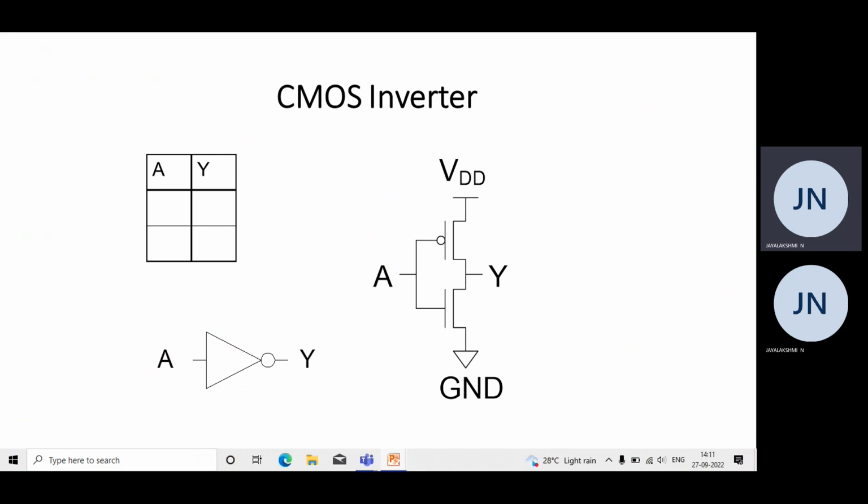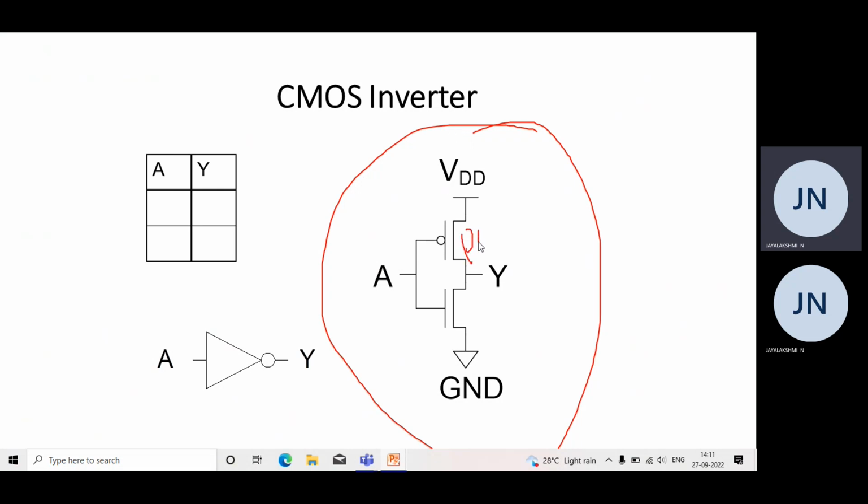Next, we're going to see the CMOS inverter. The figure shows the schematic diagram of a CMOS inverter. It consists of a pull-up PMOS transistor and a pull-down NMOS transistor.